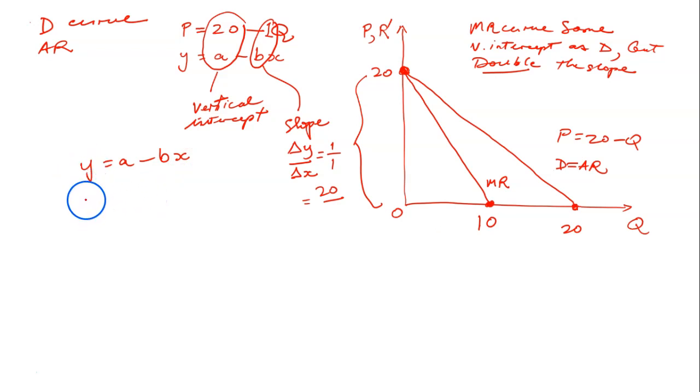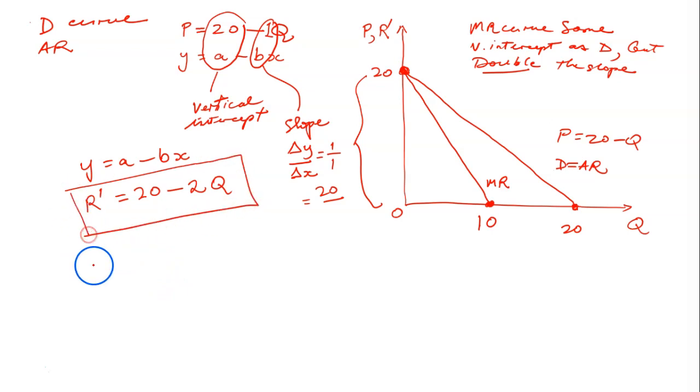So y is the marginal revenue, which I'm going to represent by R prime, equals the vertical intercept, which is 20, minus, because we've got a negative slope, what is the slope? It's double the slope of the average revenue curve. The average revenue curve slope was 1, so double 1 is 2. Done. That is the answer.